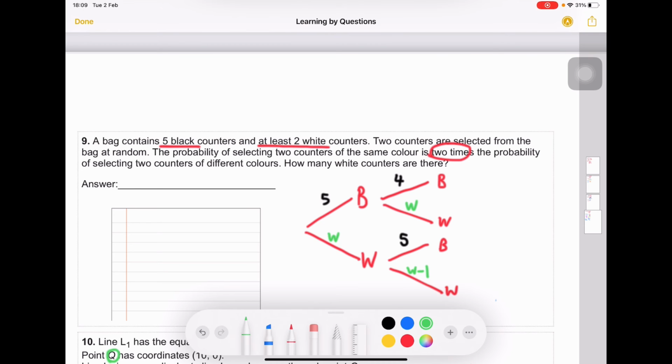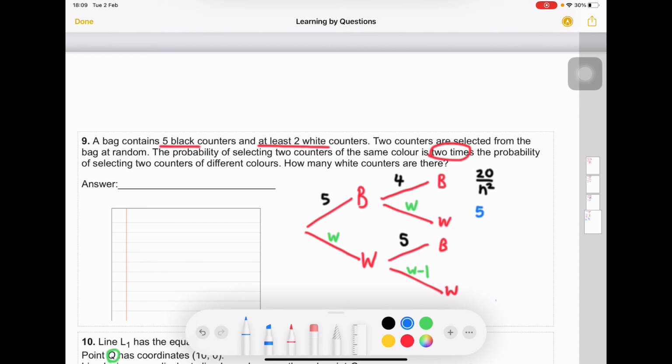Alright, so the probability of selecting 2 black counters is 5 over n multiplied by 4 over n, where n is the total number of counters we have. So I'll write 20 over n squared. The probability of selecting a black and then a white counter is 5 over n multiplied by w over n.